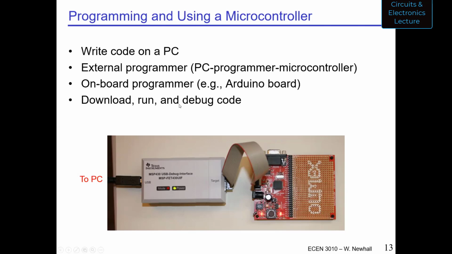But the fundamental takeaways here are this: microcontrollers are software programmable. You write code, you compile code, you download it. You can assign those pins to different functions, digital ports or analog ports, right? And you can use the microcontrollers to sense and control.